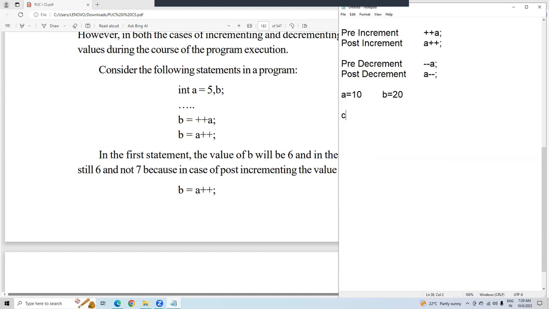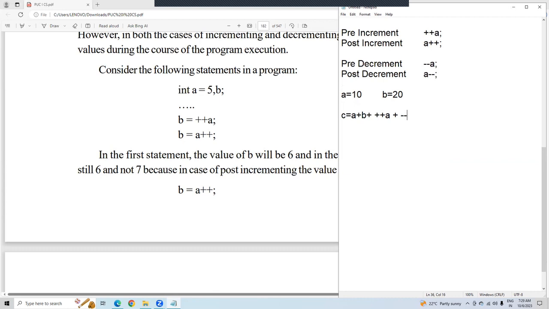Now in this I'll write c equal to a plus b, then plus, one space I'll give, plus plus a. As plus plus is written before the variable, what kind of increment is it? Pre-increment.